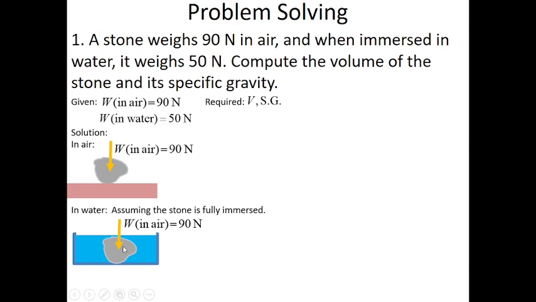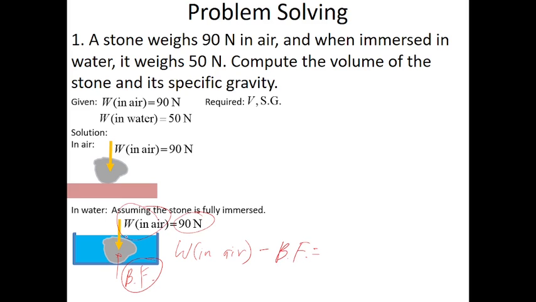So since it is fully immersed, still it does not float. Bakit kaya di siya nagpa-float? Kasi lamang yung bigat niya sa air, 90 Newton. Meron kang buoyant force. Yung buoyant force na yan, pag yung weight in air, minus ko sa buoyant force, ano yung resulta?